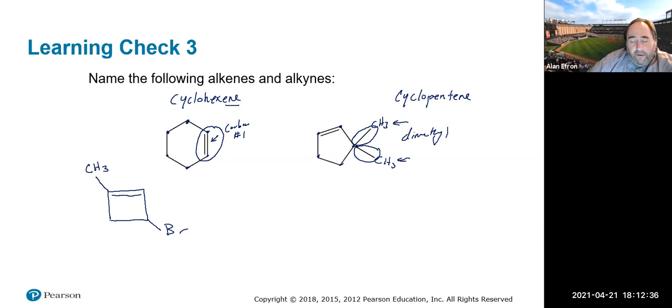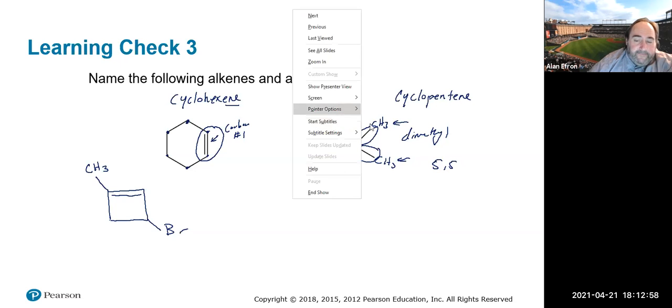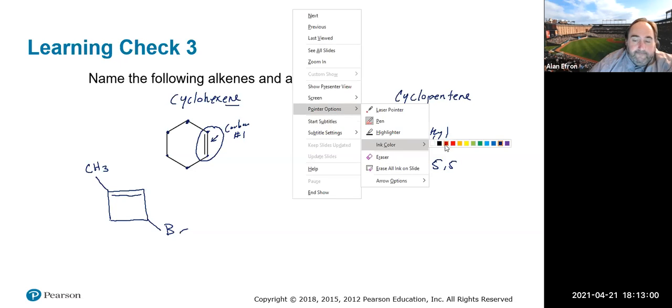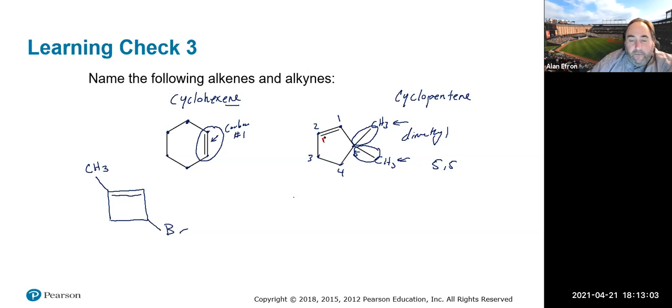And we need to figure out where these groups are in relationship to the double bond. Since the double bond is carbon number 1, we could go counterclockwise: 1, 2, again going through the bond, 3, 4, 5. That would put a group at 5 and 5. Now, if we went the other way, starting here at carbon 1, going through the bond clockwise, 2 and 3.